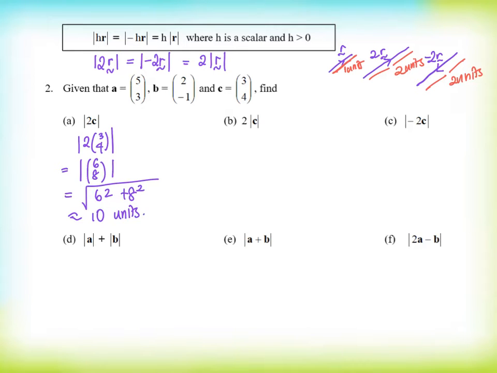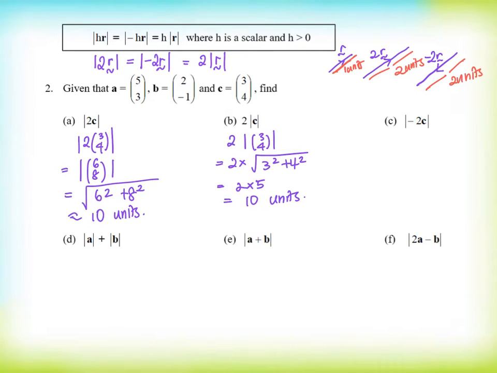If I have to find 2 times the magnitude of C, it will be 2 times the square root of 3 squared plus 4 squared, and that gives me 10 units as well.